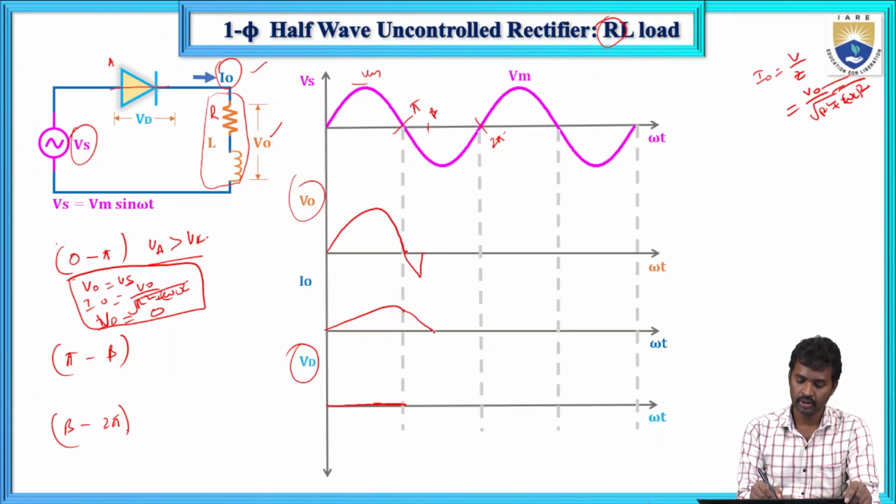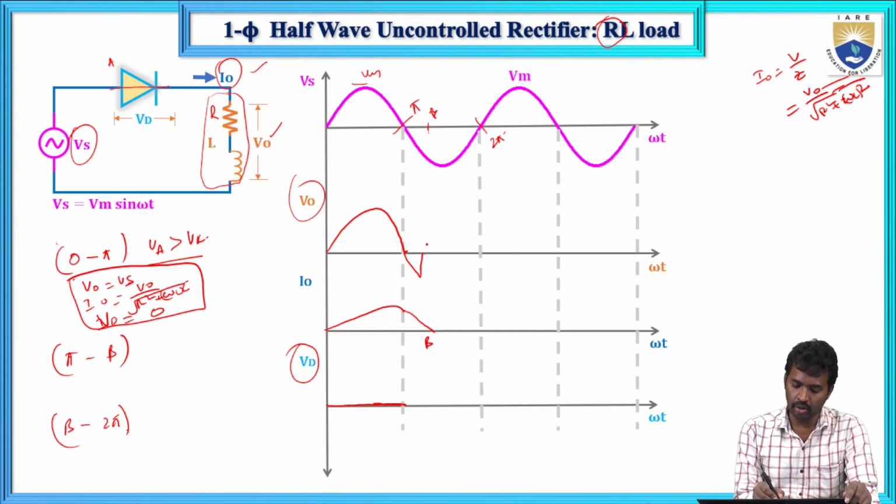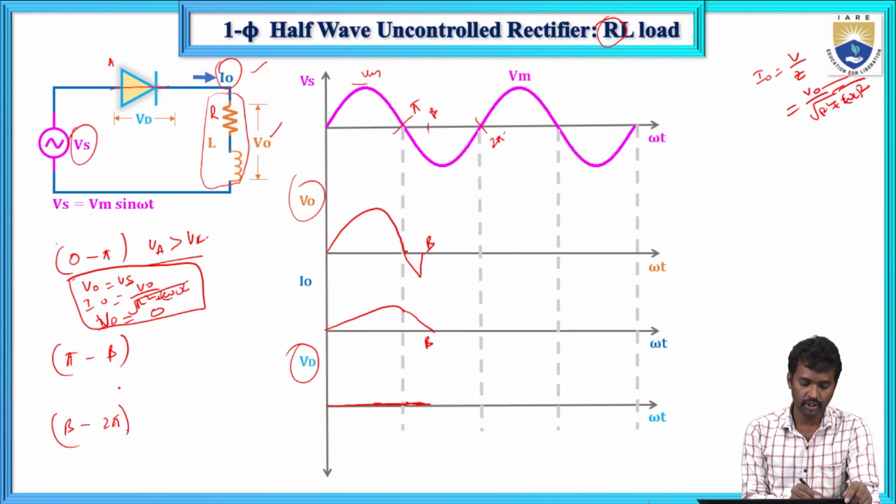The current discharges up to beta. In this case the diode is in reverse bias, Vd equals 0. V naught equals Vs, I naught equals the same V naught by the square root of R square plus omega L whole square, and Vr equals 0.